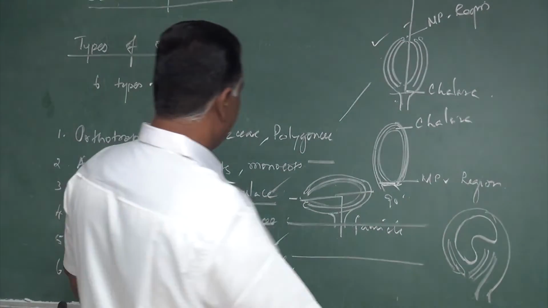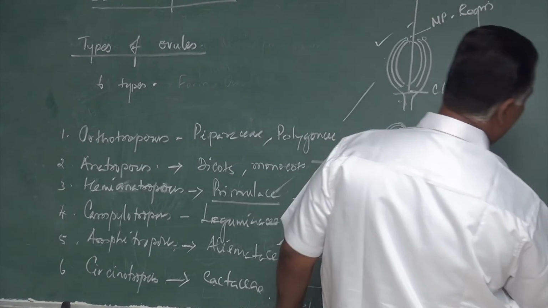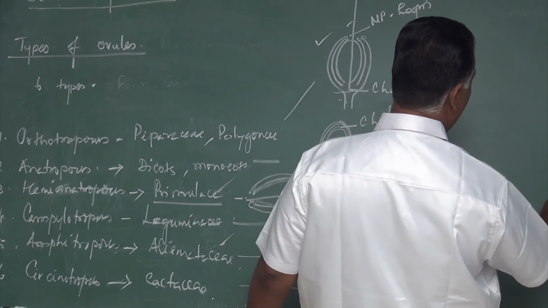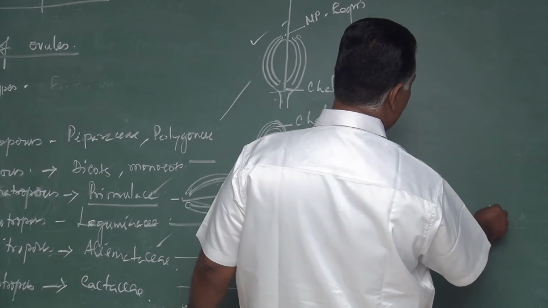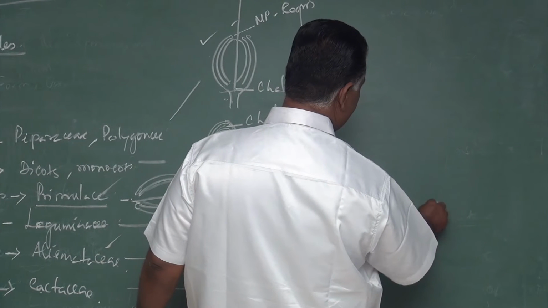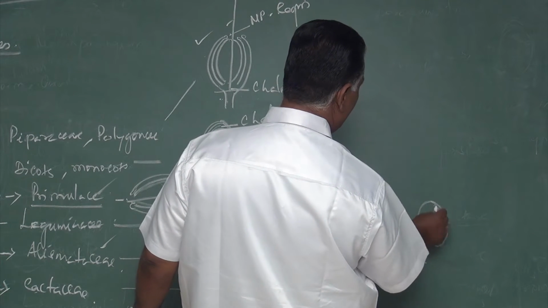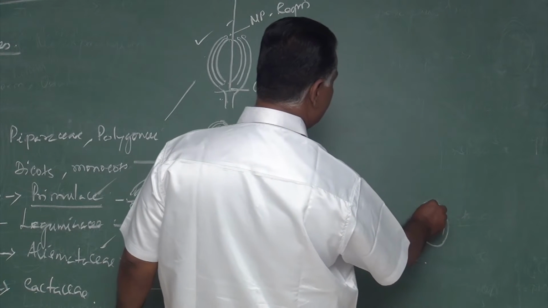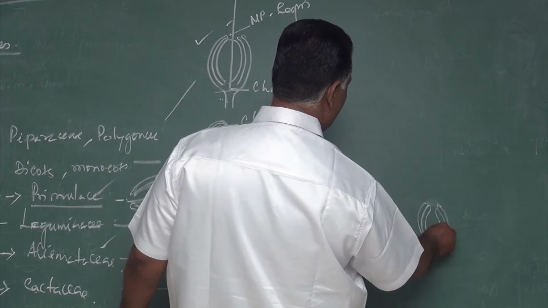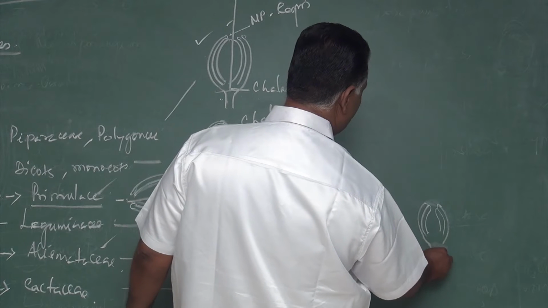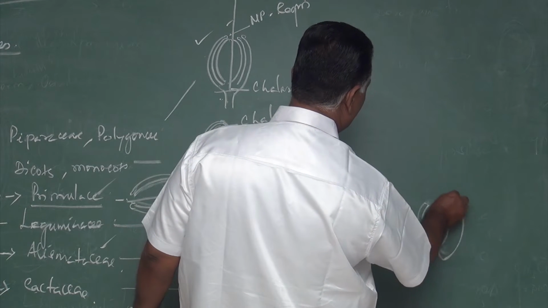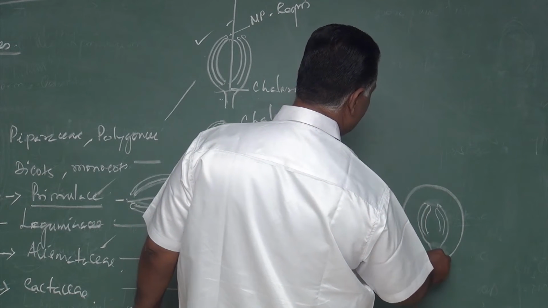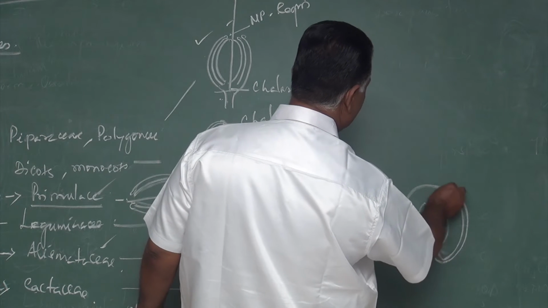And the last one is the cyclotropous ovule. This is found in Cactaceae. You can see the long funicle. This is the ovary, the integuments. See the funicle. The funicle is long and it covers the ovary.